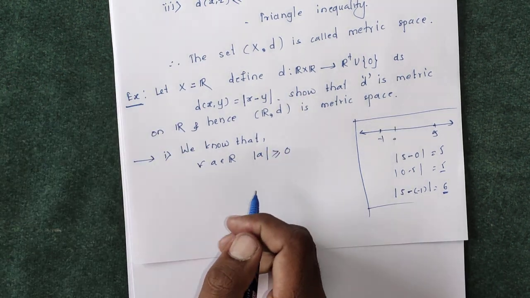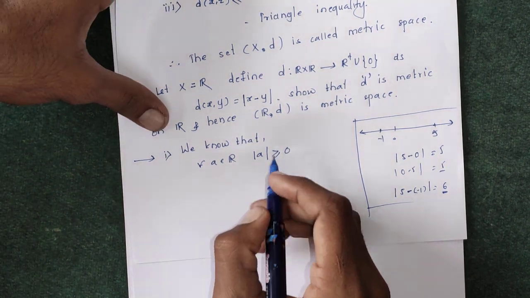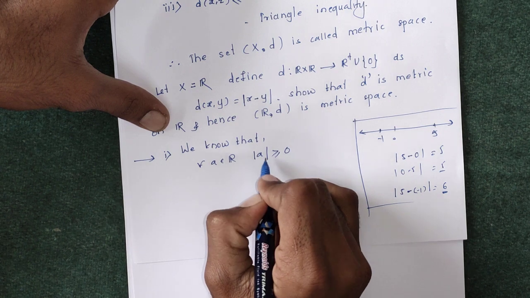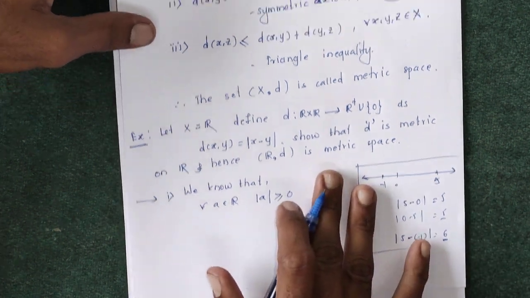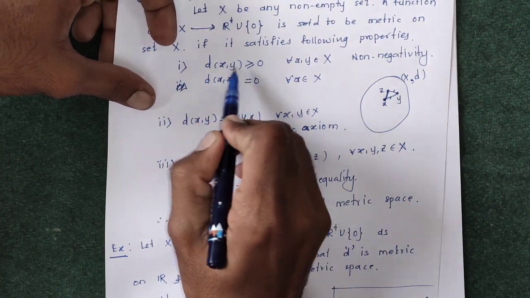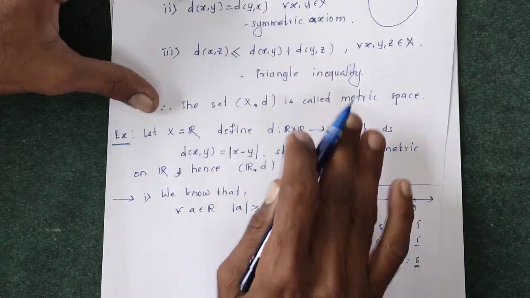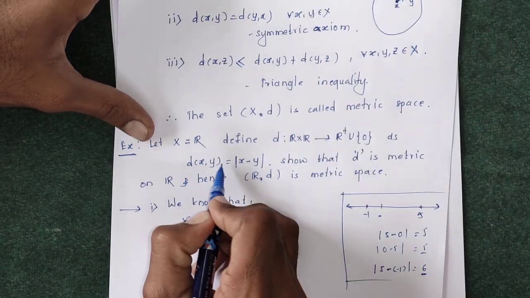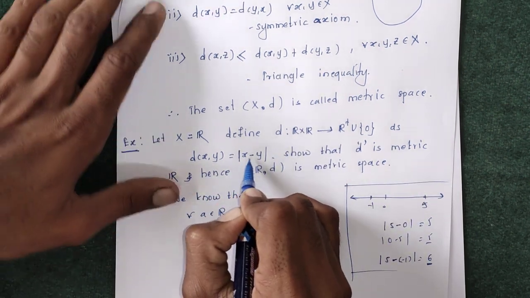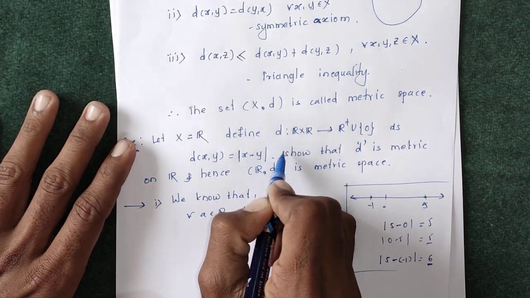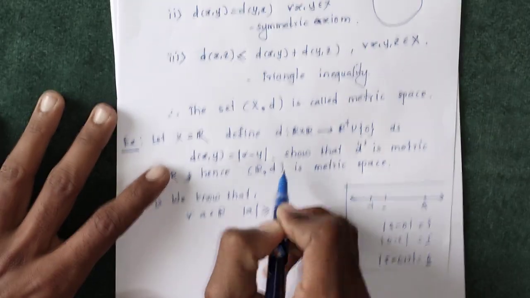We know the definition of modulus: the modulus of any real number is always greater than or equal to 0. We have to show that distance of x, y is greater than or equal to 0 for all x, y belongs to R. For that, we are given that distance of x, y is equal to mod x minus y. So we have to show that mod of x minus y is greater than or equal to 0. That will give us distance of x, y is greater than or equal to 0.